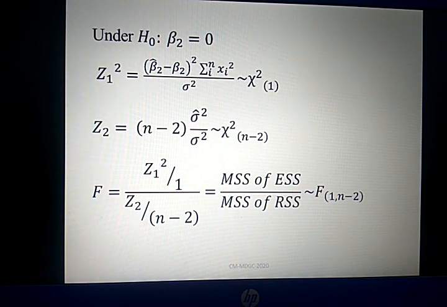In a k-variable regression model with the F-test, we can check the joint significance of all the coefficients except the intercept. In that case, the null hypothesis is beta 2 equals beta 3 equals dot dot dot beta k equals 0. Thus, F-test is a measure of the overall significance of the estimated regression.